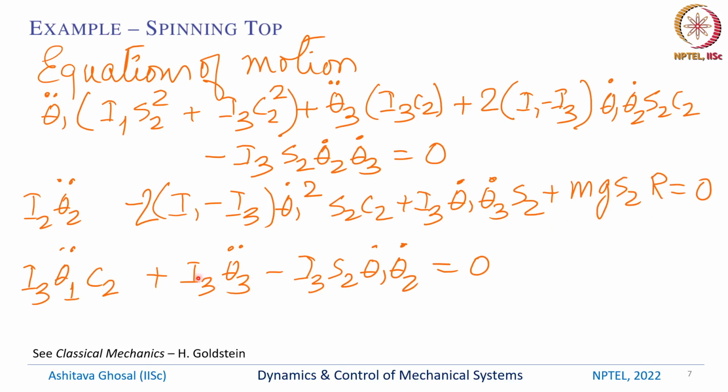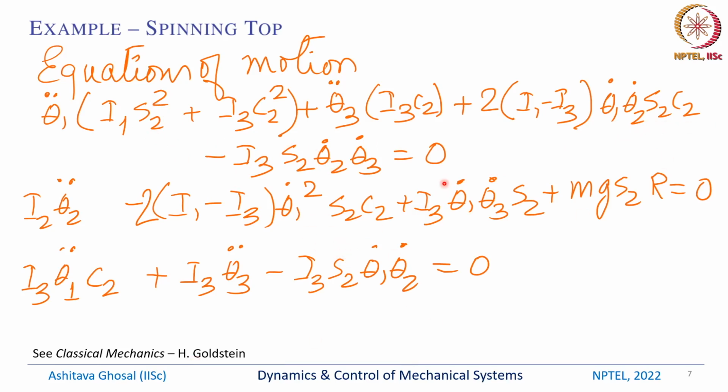So this is a term which is coming from gravity. And the last equation has θ1double dot and θ3double dot, but also θ1dot θ2dot. So apparently this is a very complicated set of three nonlinear ordinary differential equations. Okay, so there are three, and there's a lot of nonlinearity. We have S2 squared, we have θ1dot θ2dot S2 C2, and various terms.